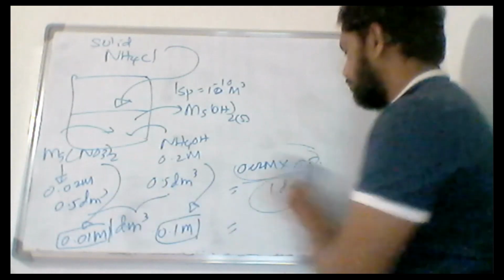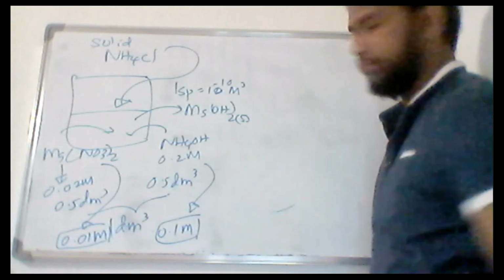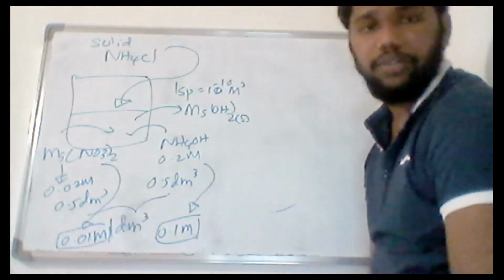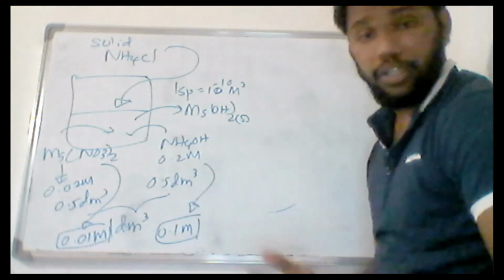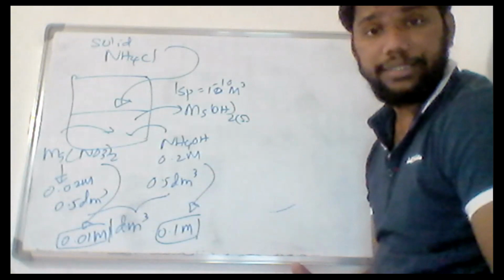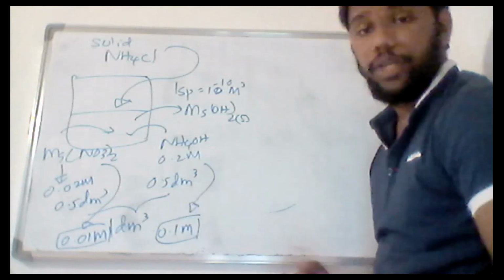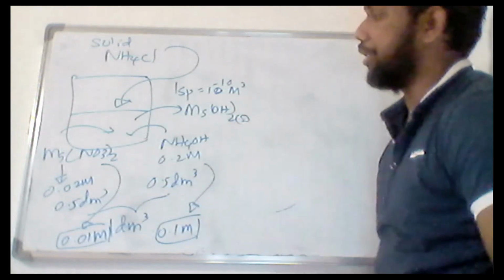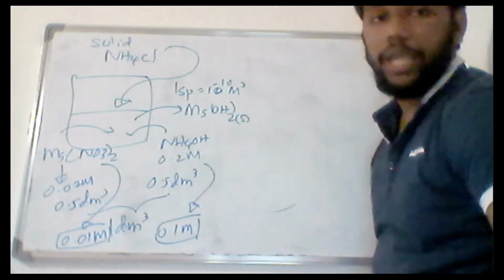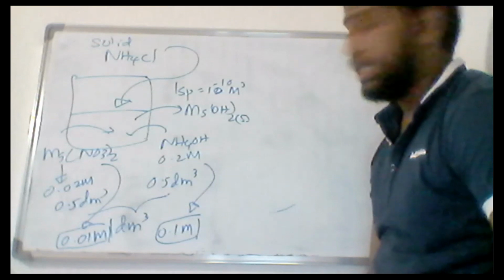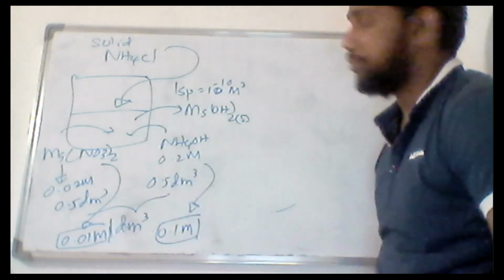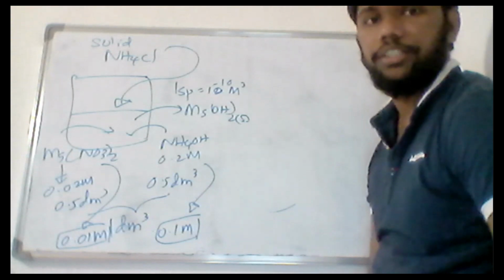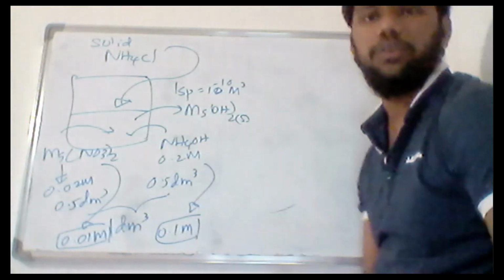Okay, so you have two data. What are the two data? You know the final magnesium nitrate concentration and you know the final ammonium hydroxide concentration. The first thing you can do is use these two concentrations to check whether the precipitation is actually happening or not.